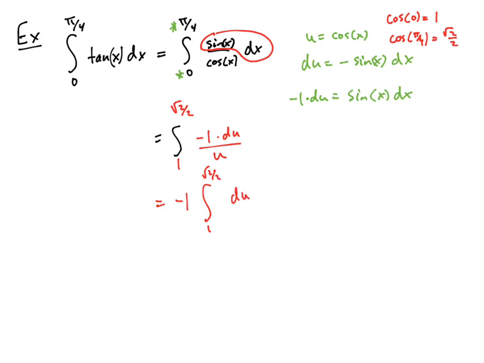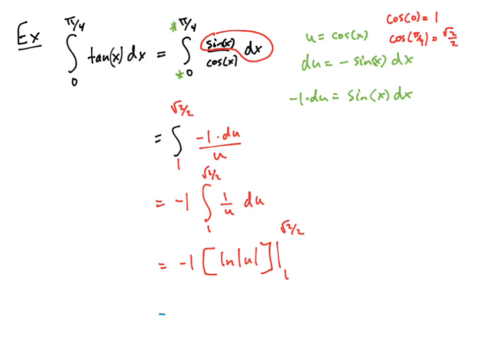So we end up with du over u, or if you prefer, 1 over u du. Sometimes people like to see it that way better. Okay, so the antiderivative of 1 over u is the ln of u. And then we're going to evaluate that from 1 to square root of 2 over 2.